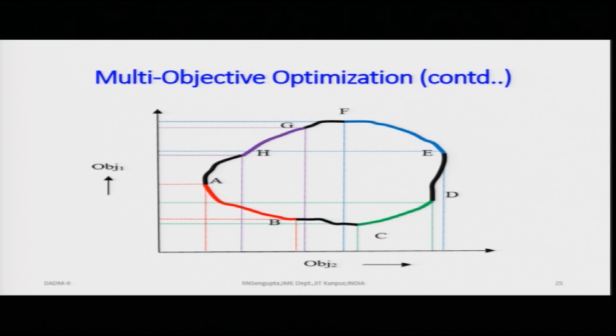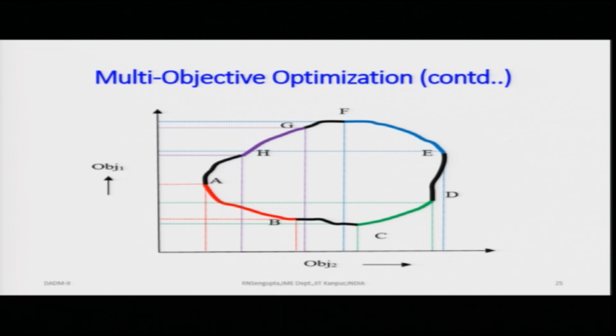So, again, AB is red, CD is green, EF is blue and GH is violet, while the other portions of the line for this whole area are black. It would not have any meaning, because it would not be possible for us to differentiate. So, black color I am using for the fact that I am not going to draw any conclusions from here. BC is black, again I am mentioning, DE is black, FG is black and HA is black.